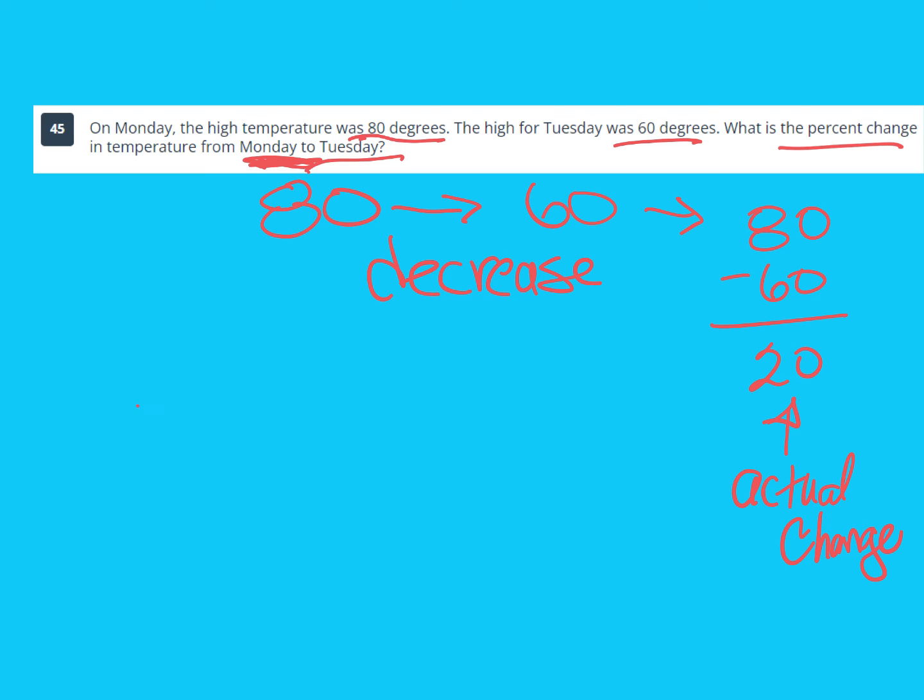Percent change. So here we are, my input is my original, that's 80. My actual change, so what comes out is 20. So I'm looking for the percent change, which is K. So I'm going to divide 20 divided by 80. This is another one, honestly, you do not need a calculator. Get rid of the zeros.